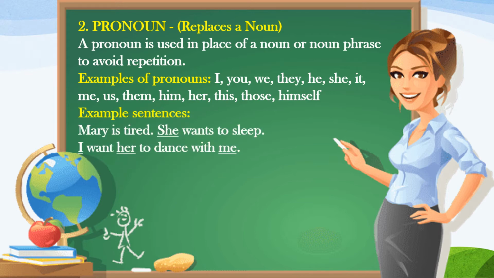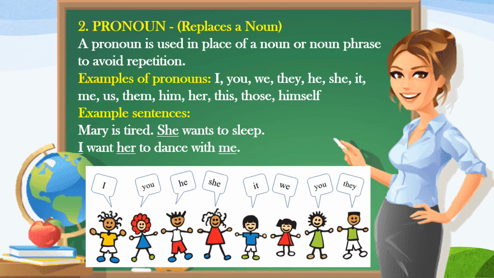Mary is tired. She wants to sleep. So the pronoun is she. I want her to dance with me. How many pronouns here do we have? Yes, they are 3. I, her, me.